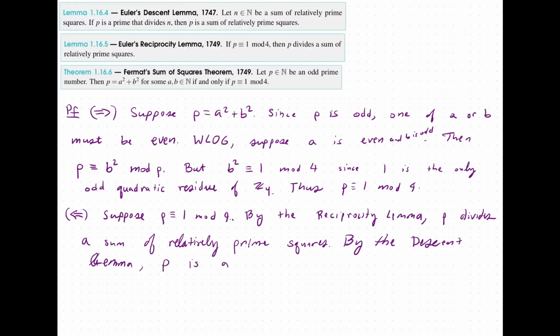P is a sum of relatively prime squares. And we have laid to rest one of Fermat's conjectures that took a century plus to prove.